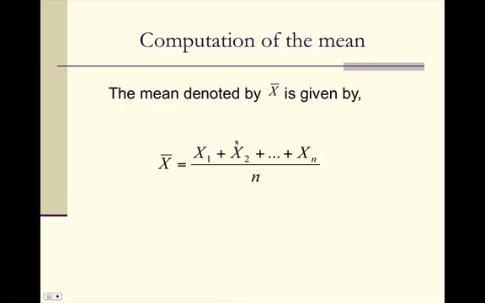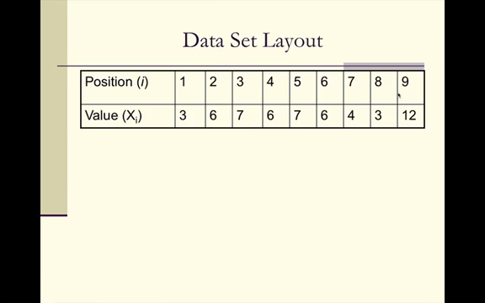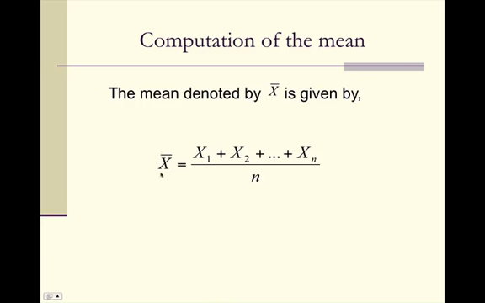It's just saying you take the value of position 1 plus the value of position 2 all the way up to whatever positions you have, and you divide by n. Lowercase n, that's how big your population is. In our case, it's 9. So to figure out the mean, x bar, or the average, is equal to x sub 1 plus x sub 2 all the way up, divided by n.